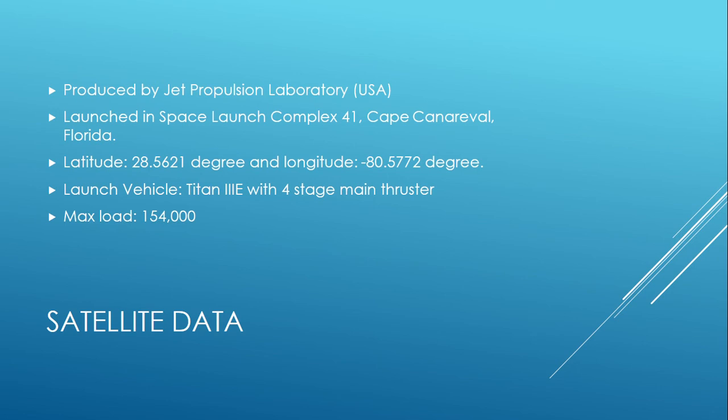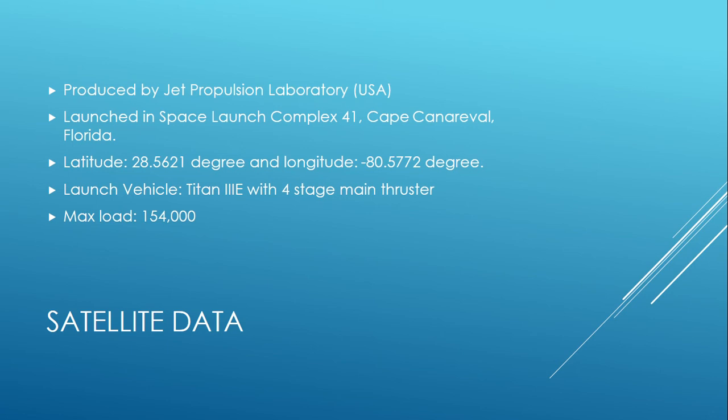For satellite data itself, Voyager 2 was produced by Jet Propulsion Laboratory in the USA and launched from Space Launch Complex 41, Cape Canaveral, Florida, with a latitude of 28.5621 degrees and longitude of minus 80.5772 degrees.